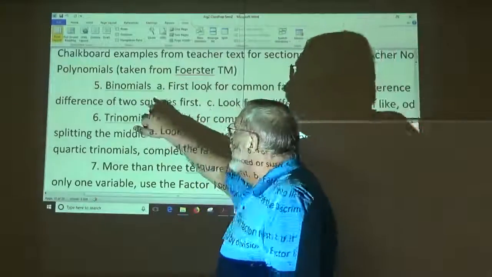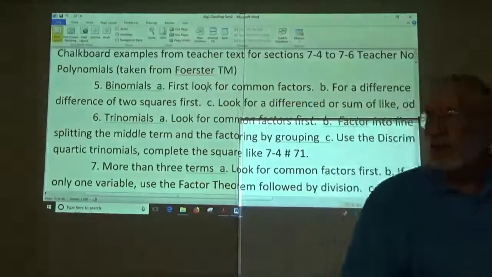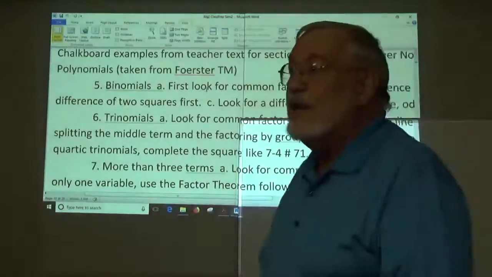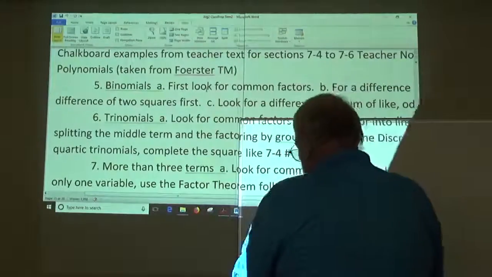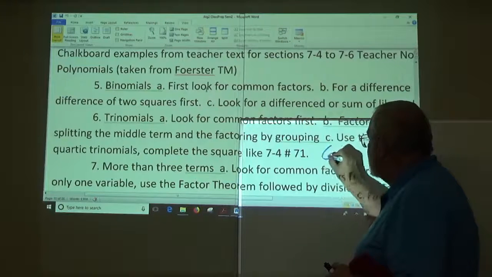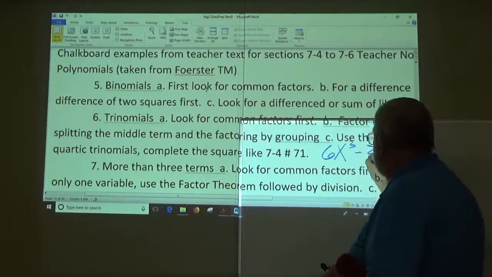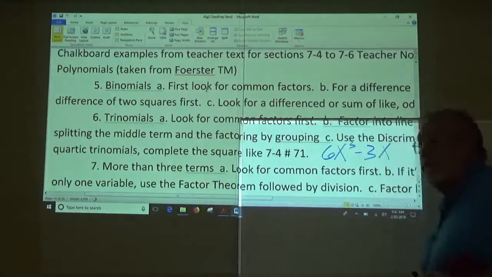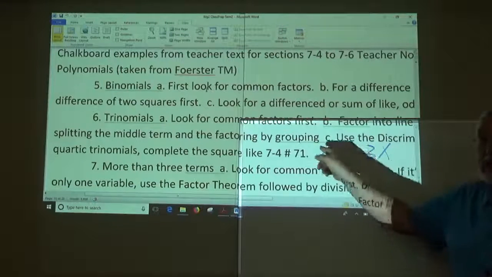Alright, if you're factoring binomials, you're looking for a common term, either a common number or a common variable. All right, an example. Suppose that I gave you 6x cubed minus 3x. You can take a 3 and you can take an x out.